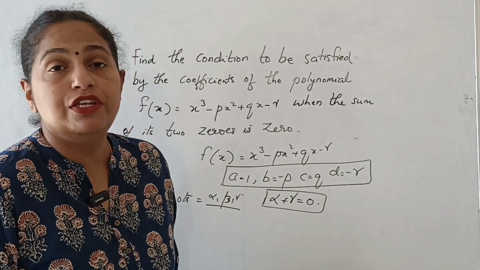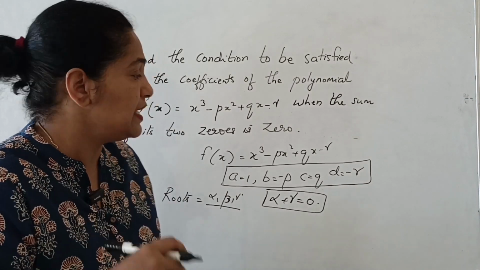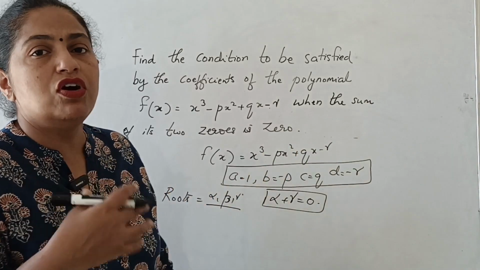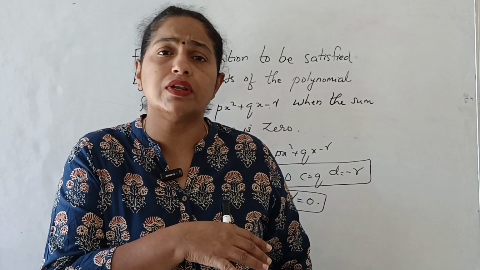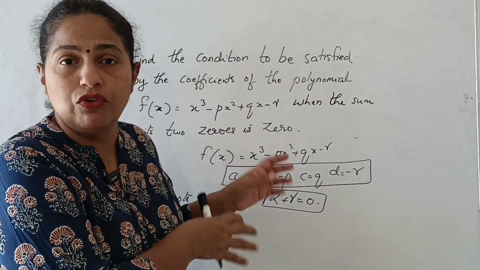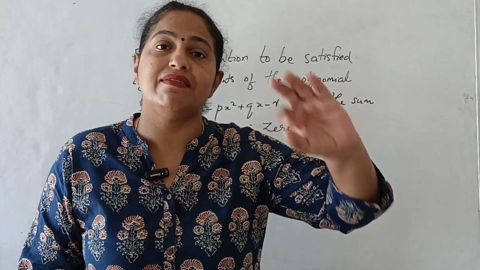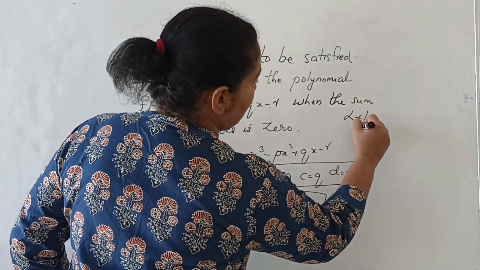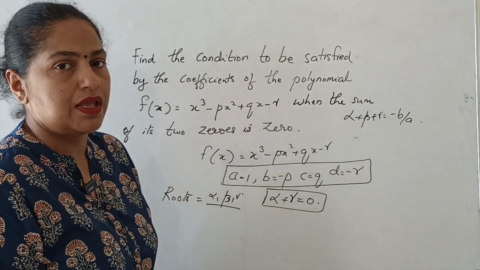Now we need to find the condition or the relation between the coefficients that gives us this particular situation. What are the other things we need? We know how to write out a cubic polynomial, which is of no use over here. We know three formulas which relate the roots and the coefficients, which is alpha plus beta plus gamma is equal to −b/a.